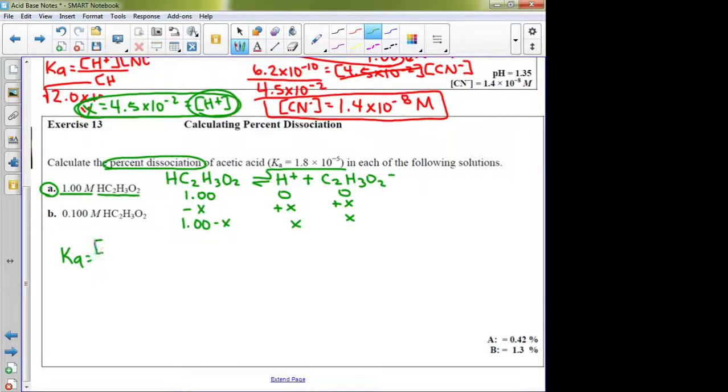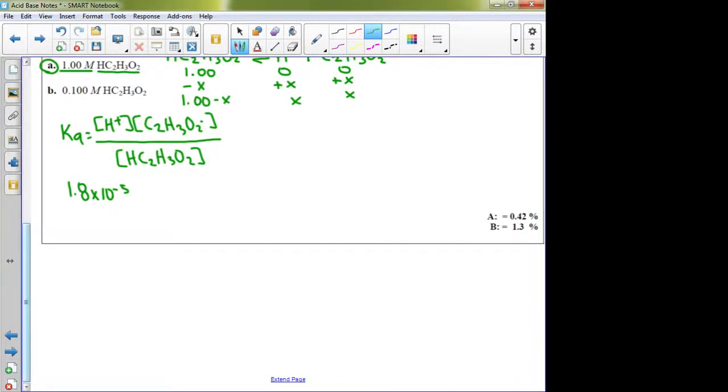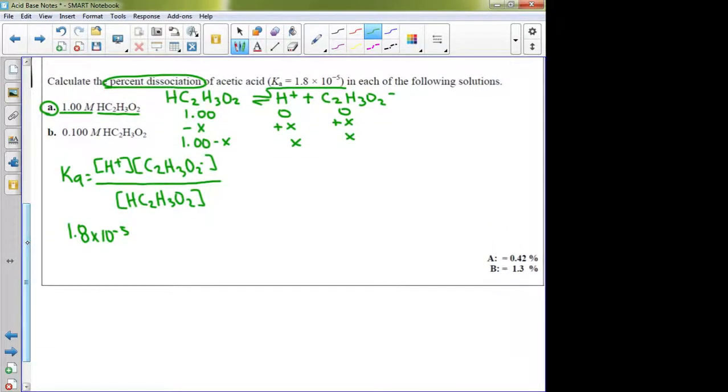Ka is equal to the concentration of H positive times the concentration of C2H3O2 negative divided by HC2H3O2. I know my Ka, because they gave it to me, is 1.8 times 10 to the negative fifth, equal to x times x, x squared, over 1.00 minus x.